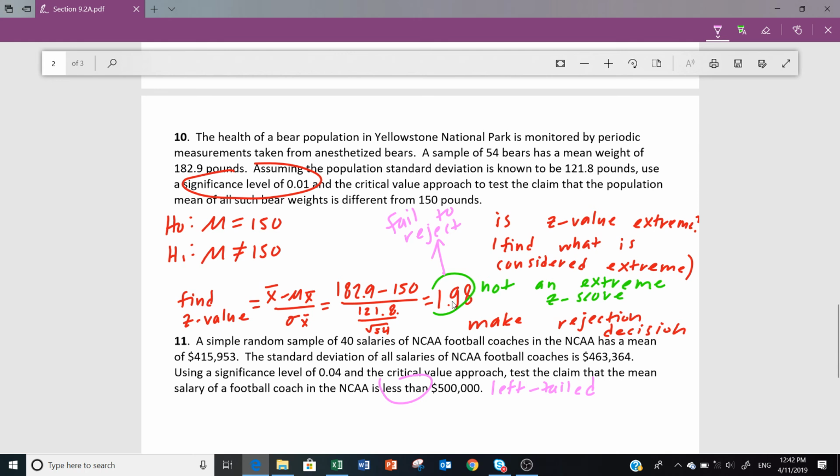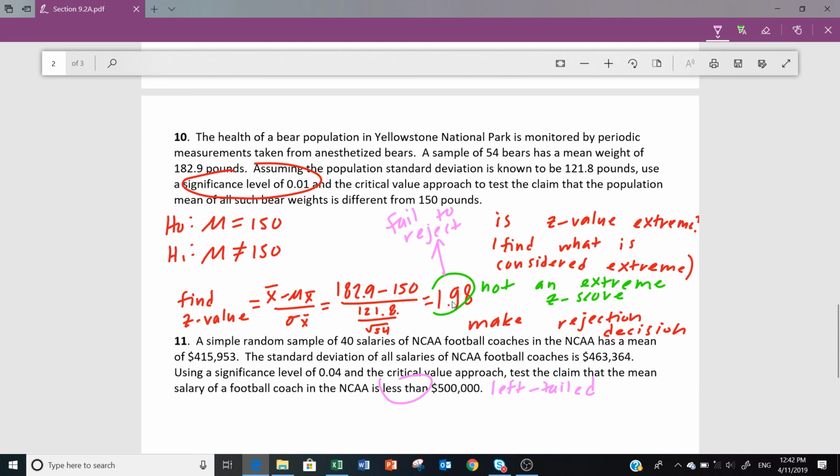Is it when you rejected? You're going to reject. What number did you get?